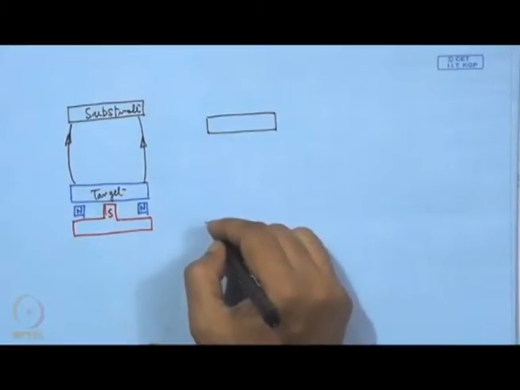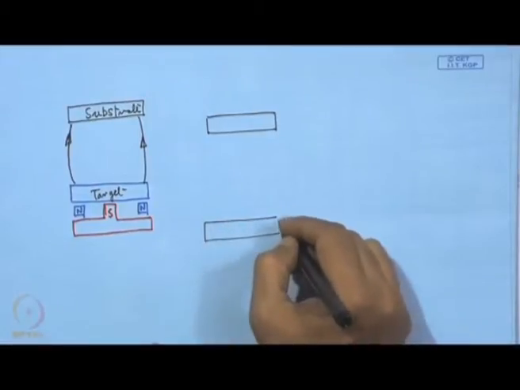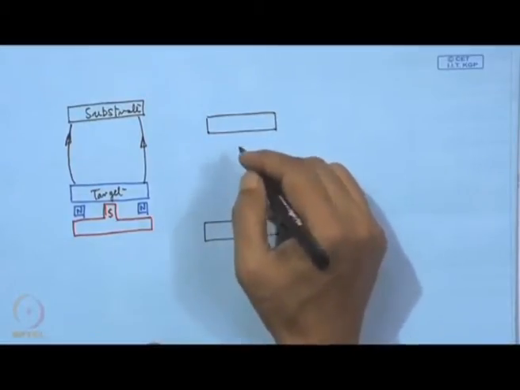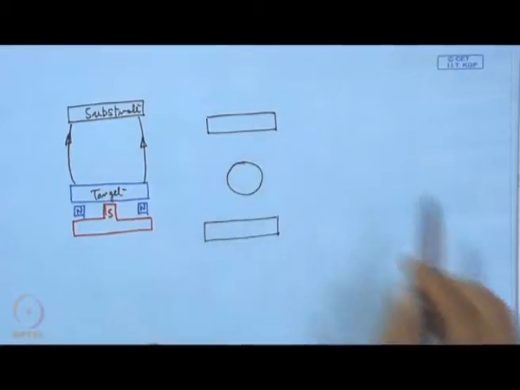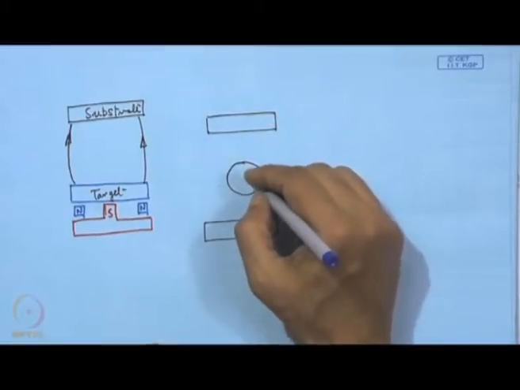So, we have twin targets facing each other, and in this case we have a centrally located work table. Work table means here the table for supporting the substrate.